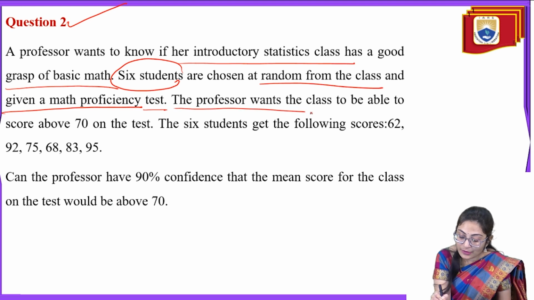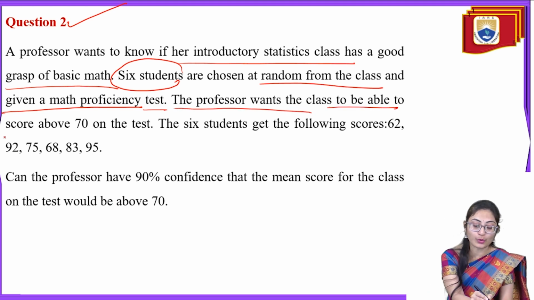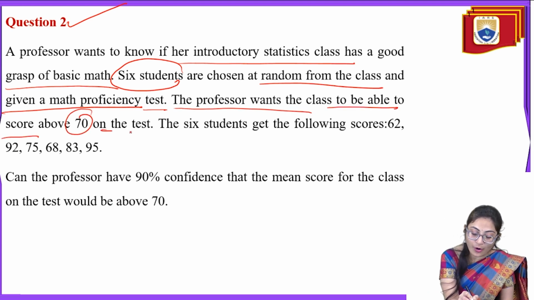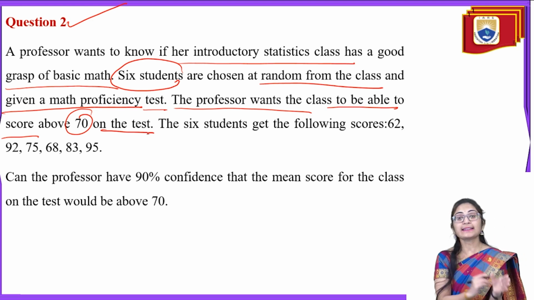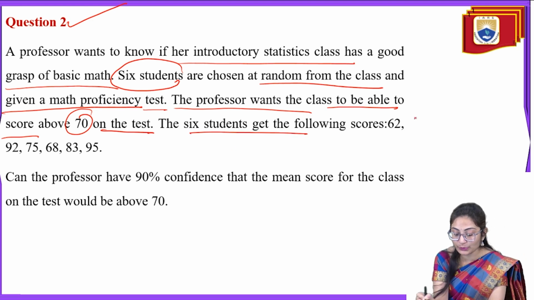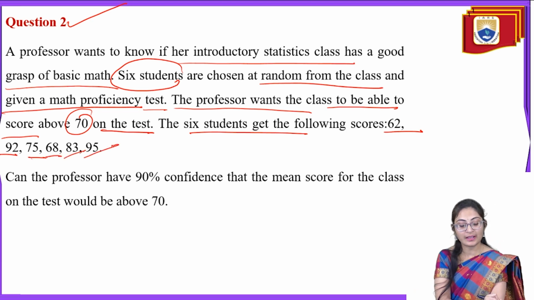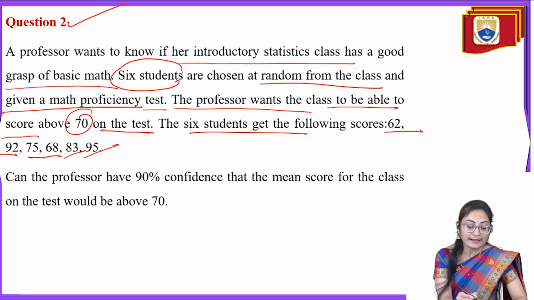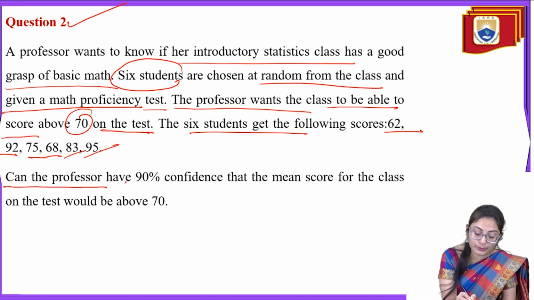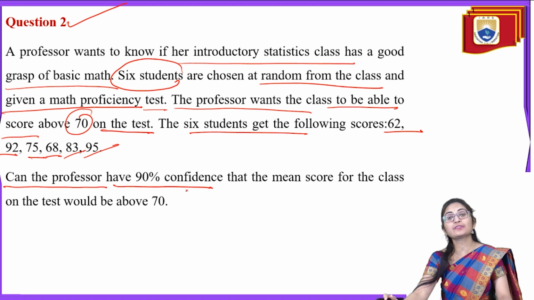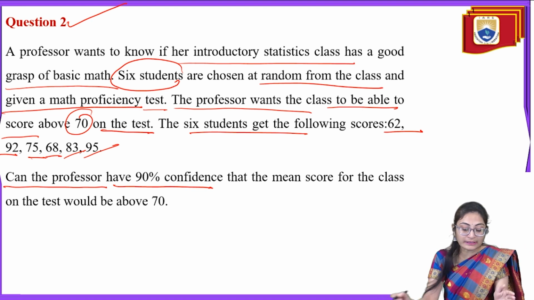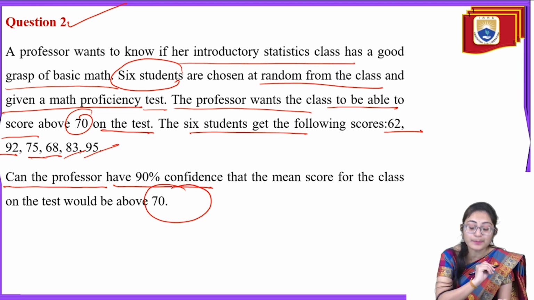The professor wants the class to be able to score above 70 on the test. The 6 students get the following scores: 62, 92, 75, 68, 83 and 95. Now, can the professor have 90% confidence that the mean score for the class on the test would be above 70?